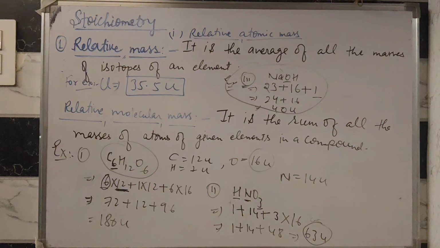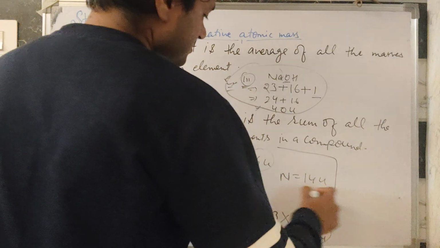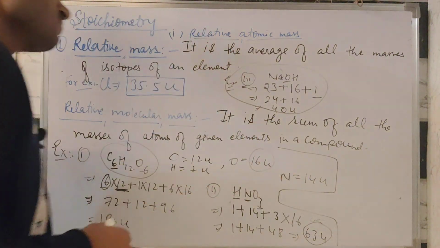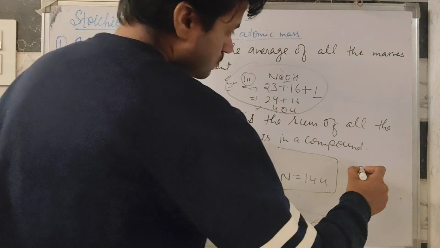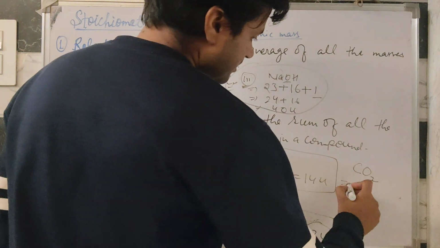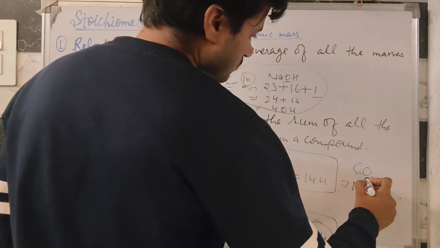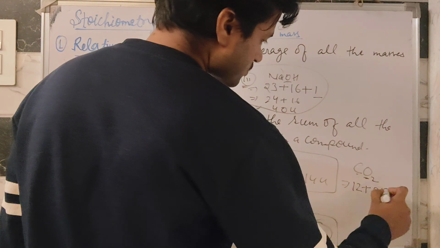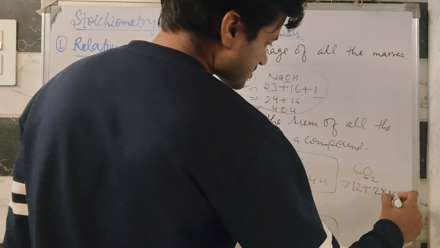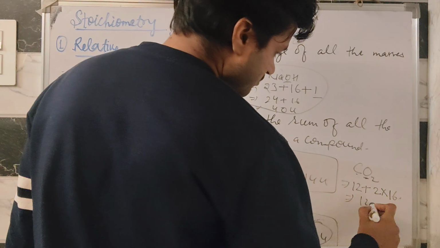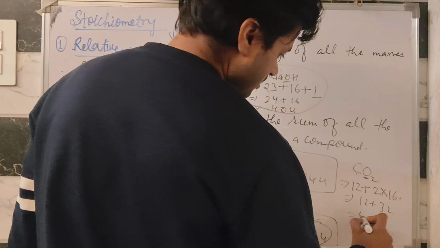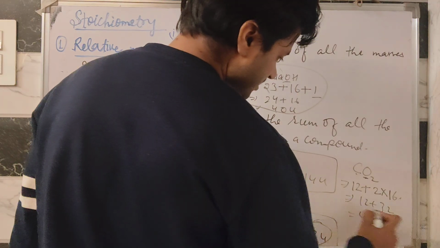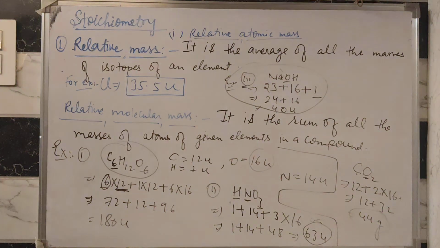In this way, for many molecules you can calculate the masses. If I take CO2, you can easily calculate: carbon is 12, then plus, and how many oxygen? 2 into the actual mass of oxygen, 16. So we get 12 plus 32, which is 44 unit mass of CO2.